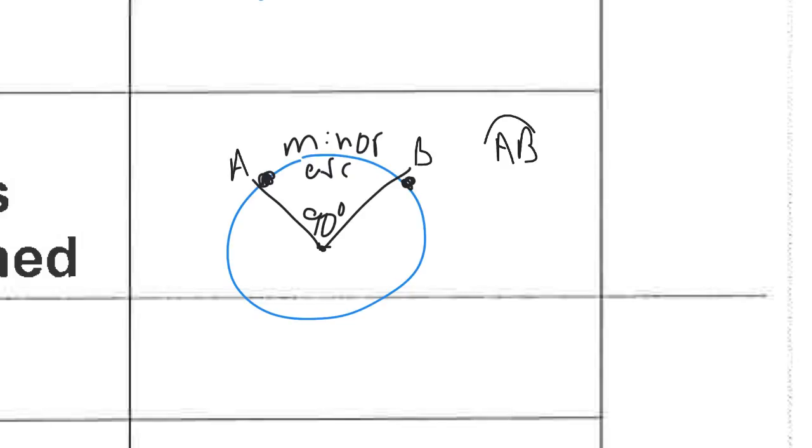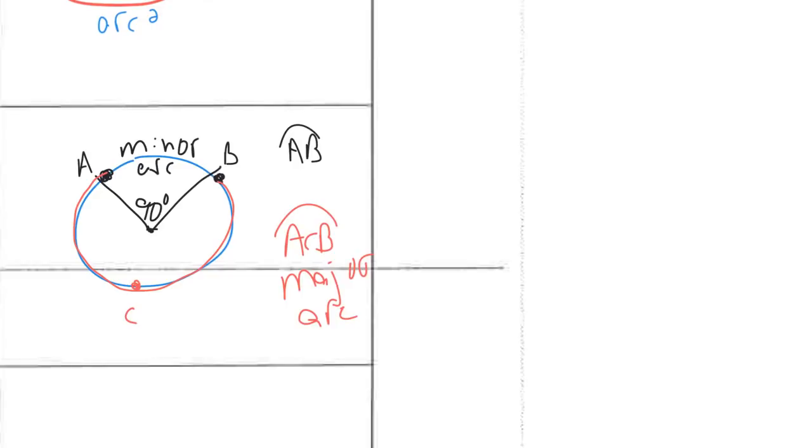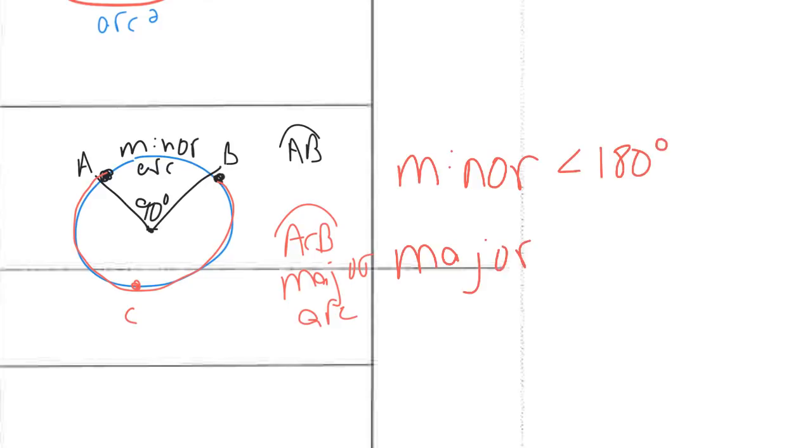And then we also have this major arc. That's what we call this other one, the one that goes from A through C back to B. Arc ACB is the major arc, and it is bigger than 180 degrees. So I'm going to write something over here. If you're trying to classify between a minor arc and a major arc, a minor arc is less than 180 degrees, and a major arc is greater than 180 degrees.